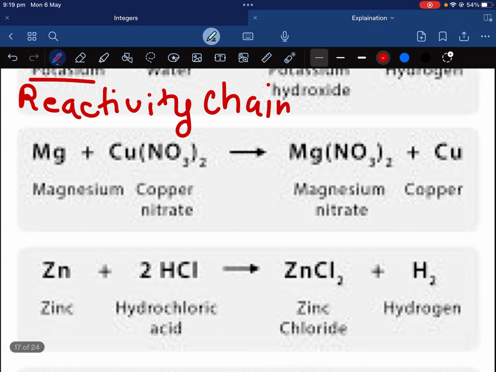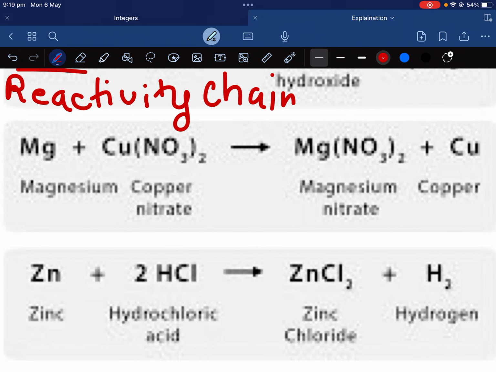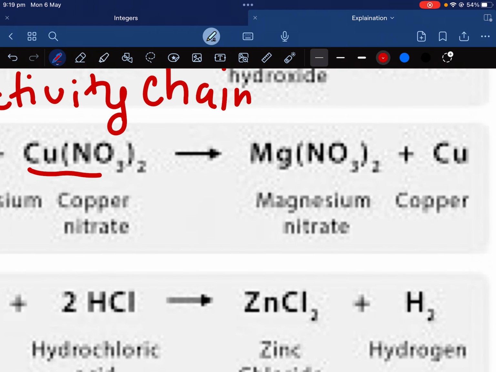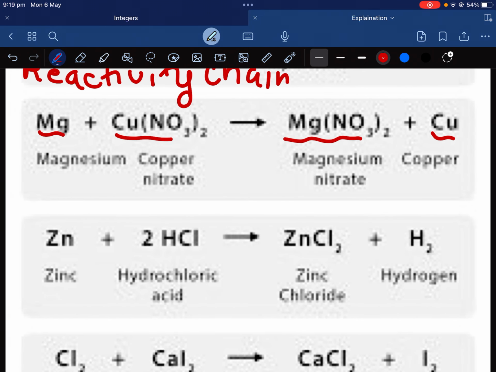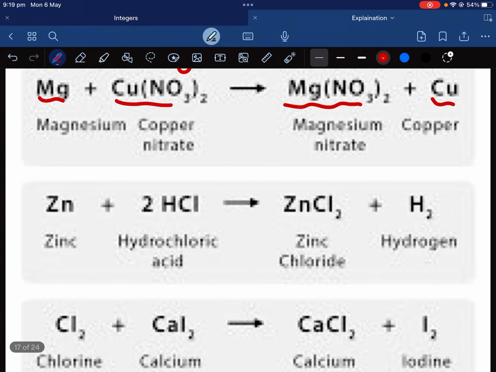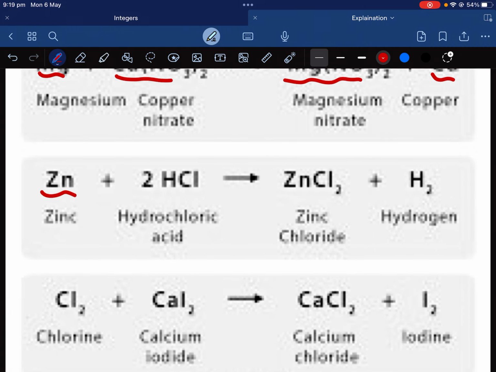We have another reaction, that is magnesium plus copper nitrate reacting to become magnesium nitrate plus copper. Magnesium is replacing copper here or displacing copper here. Then we have zinc plus hydrochloric acid.